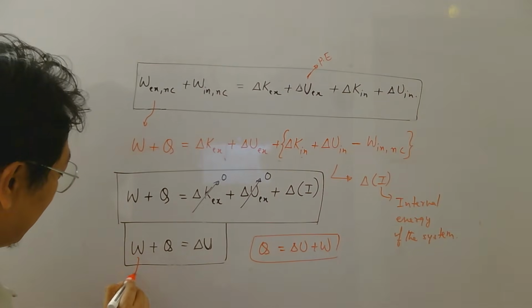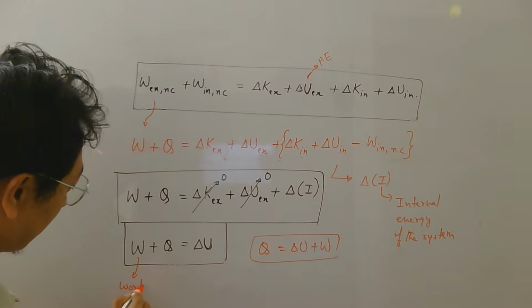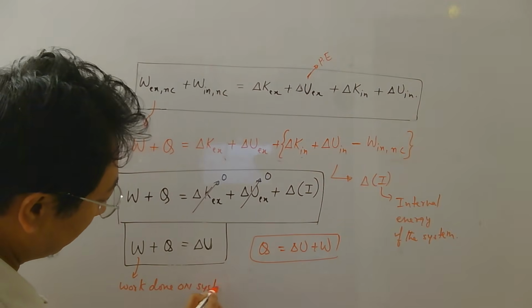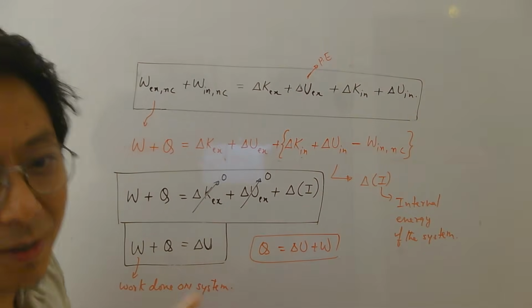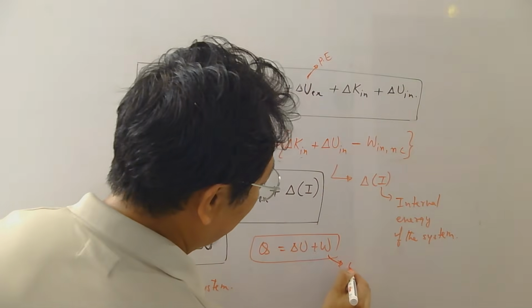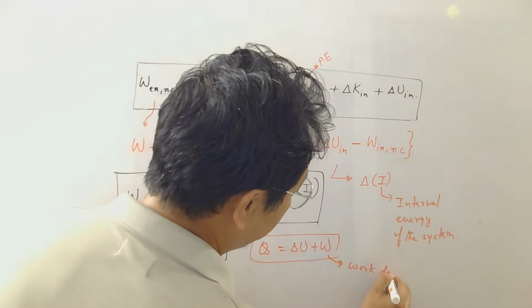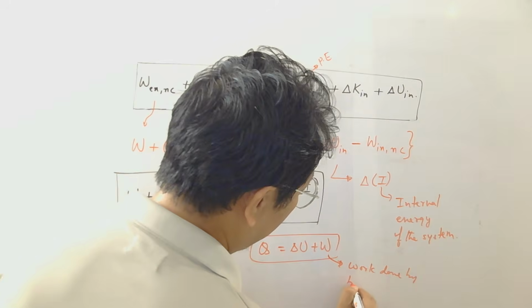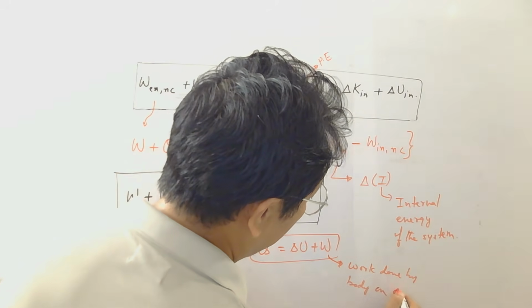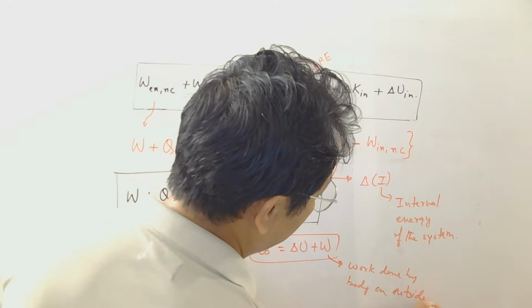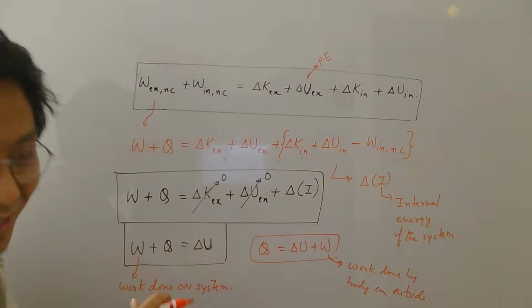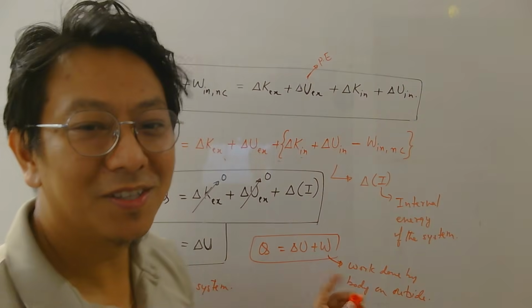So remember, this W is work done on the system or on the body by the forces, like we write in work energy theorem. And here in this statement, W is work done by the body on the outside, whatever is there on the outside. Here this was work done on the system by the outside forces, right? Okay. So just the small change you need to remember.